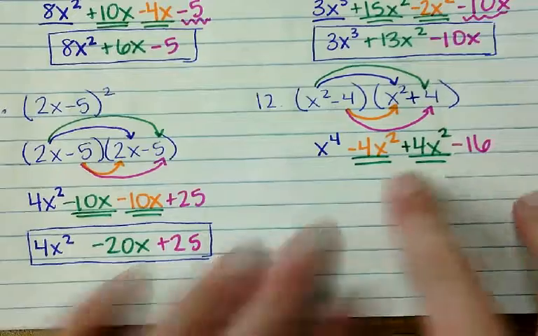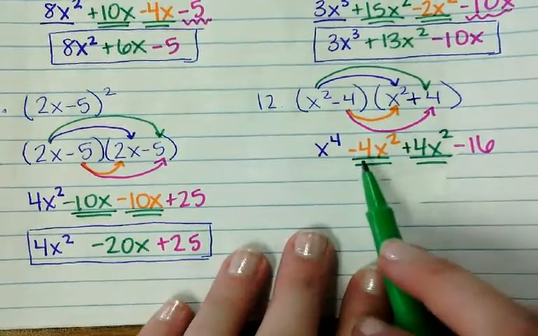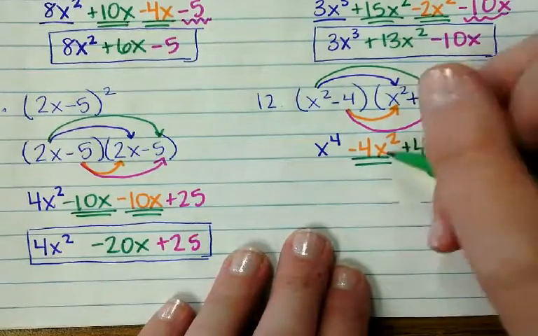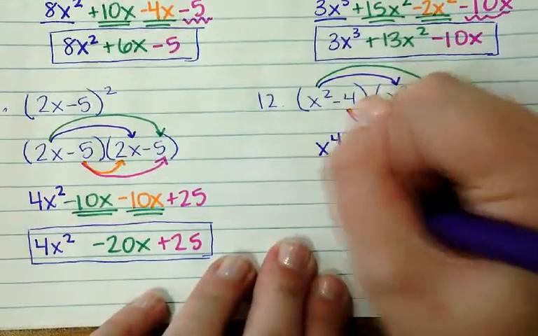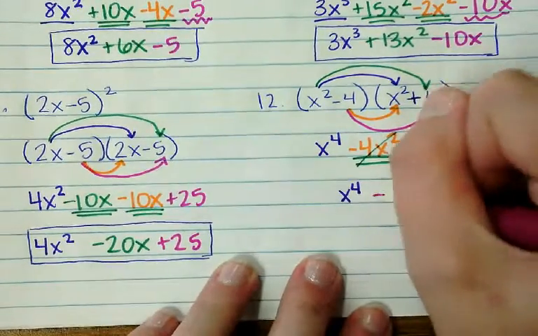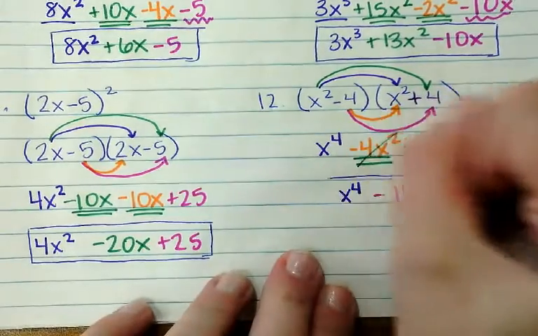And then right here, so Stina, if that was the case, if we had -4x squared and positive 4x squared, what would actually happen? They would cancel out. You're absolutely right. And what we'd be left with is x to the 4th minus 16. Okay? Now, the reason why that was supposed to be the example is because I was going to show you guys these are two special cases. All right?